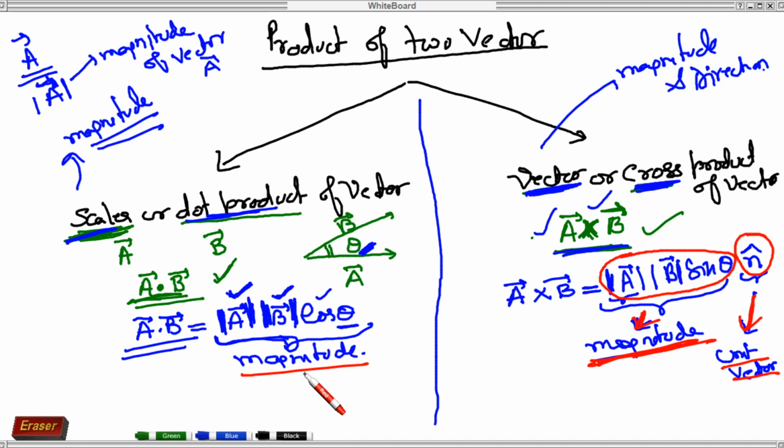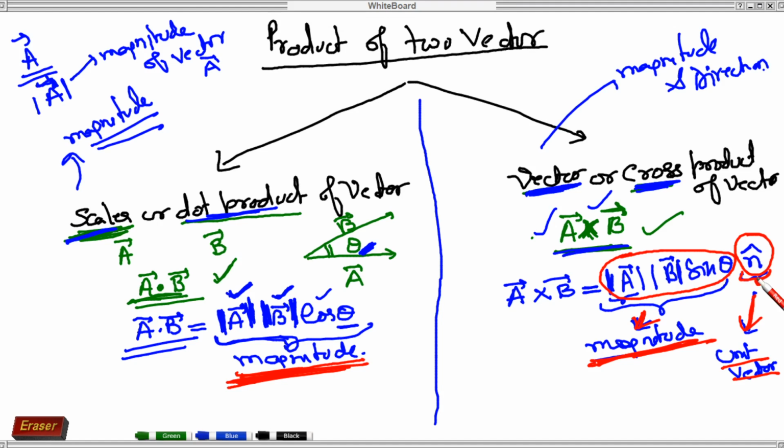Here, in case of dot product, we have the outcome only as magnitude, which means there is no direction. Okay, now what will be this direction?